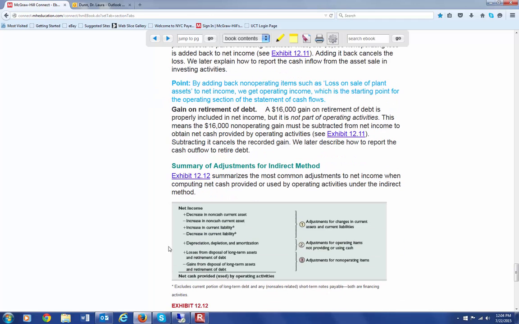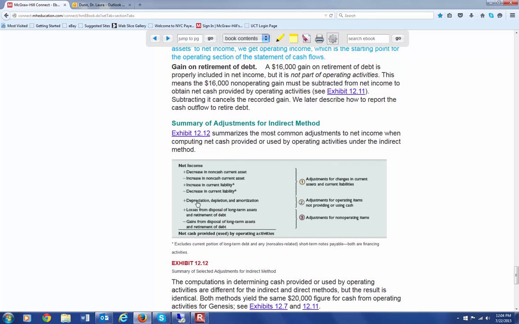So they give you sort of a summary here of the things that we just talked about, which is going to make it, I think, easier to understand. This chart right here is the best thing for you to look at. For net cash, you start with net income. You add back any decreases in non-cash current assets. You subtract increases in the assets. You add increases in liabilities. You subtract decreases in liabilities. You add back depreciation, depletion, or amortization.